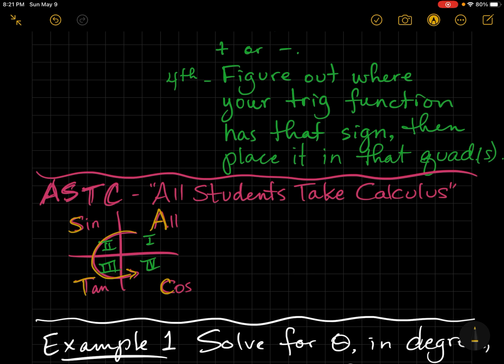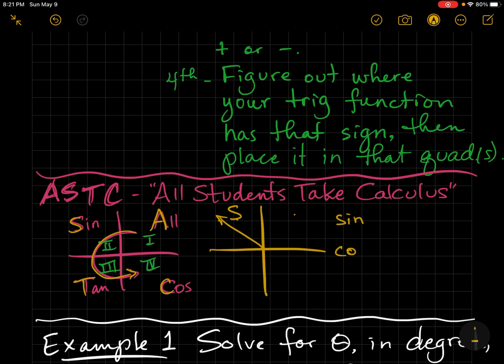Now, what that means is if the terminal side of an angle falls in one of those quadrants, that determines the sign. For example, let's say the terminal side of an angle falls in quadrant 2. That's the sine quadrant. See, all students.